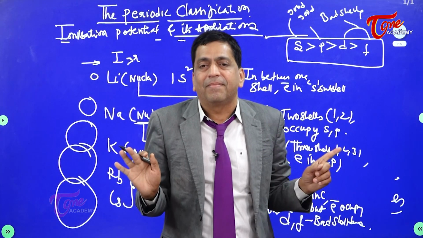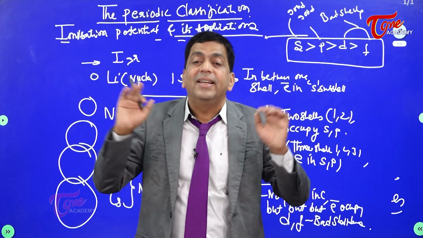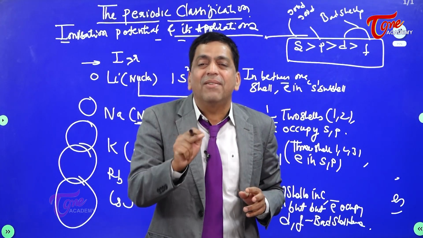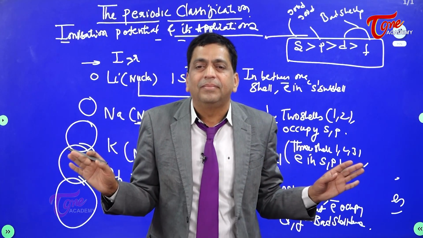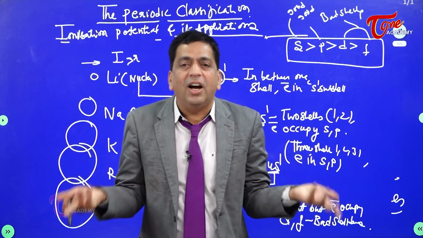When you go to the bottom, the nuclear size is increasing, so the force of attraction is also increasing. But when the force of attraction increases, D and F can't shield them. So what happens when you can't shield?